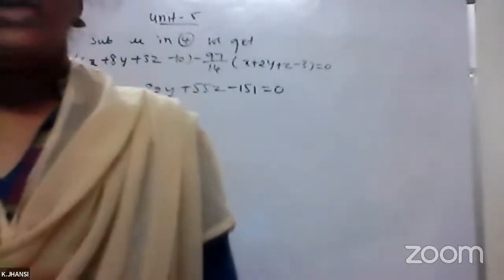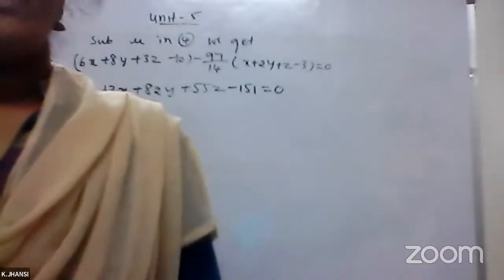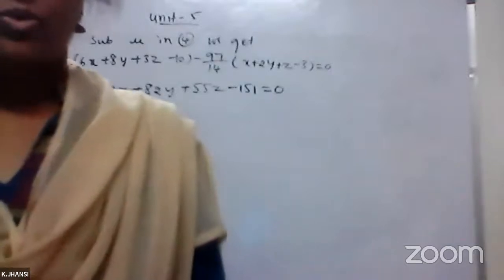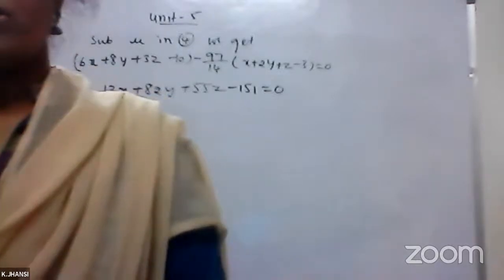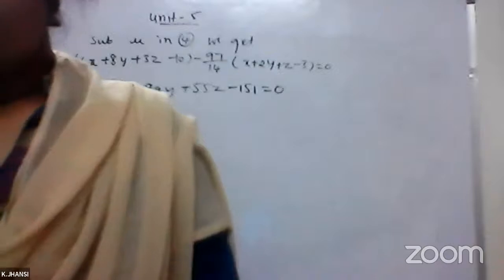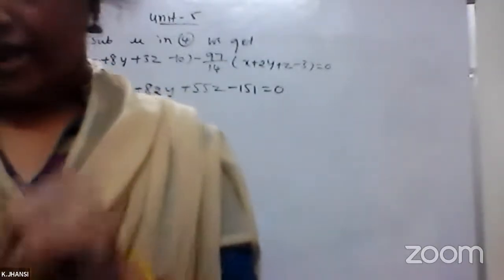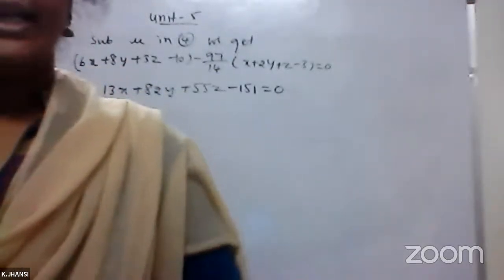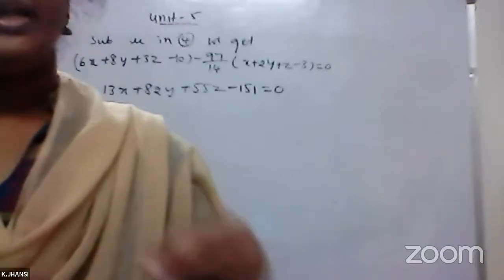And third condition is if delta is equals to 0, and again delta 1, delta 2, delta 3 values, these three values also you are getting 0. So for prism, first if it is 0 and all three are non-zero, then it will form a prism. For the third condition, if delta equals to 0 and delta 1, delta 2, delta 3 are all 0, the planes intersect in a line. Second one is in a point, and third one is in a line.